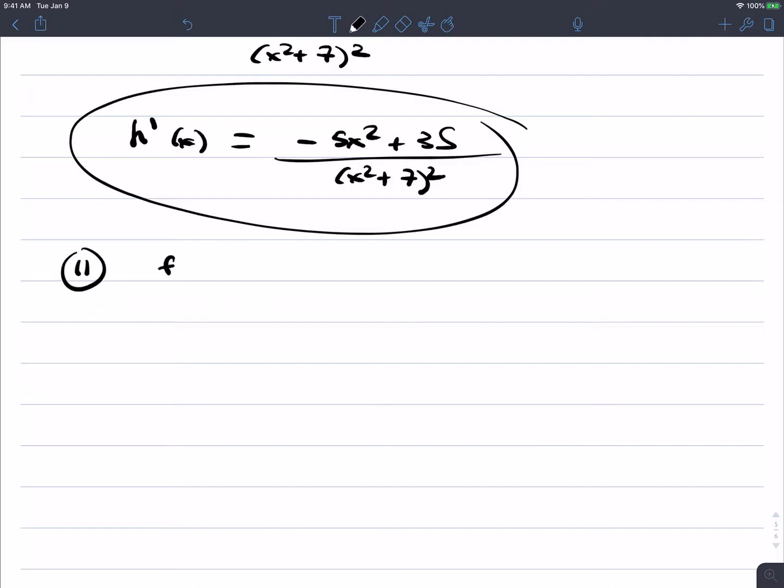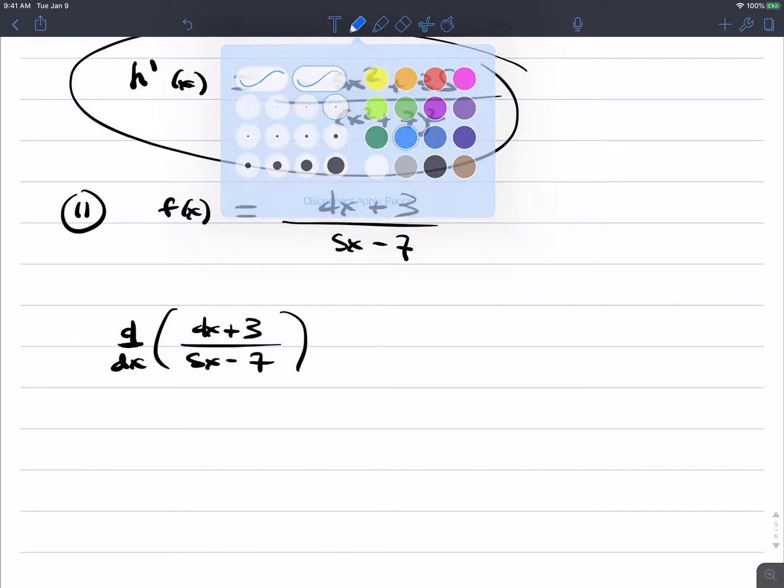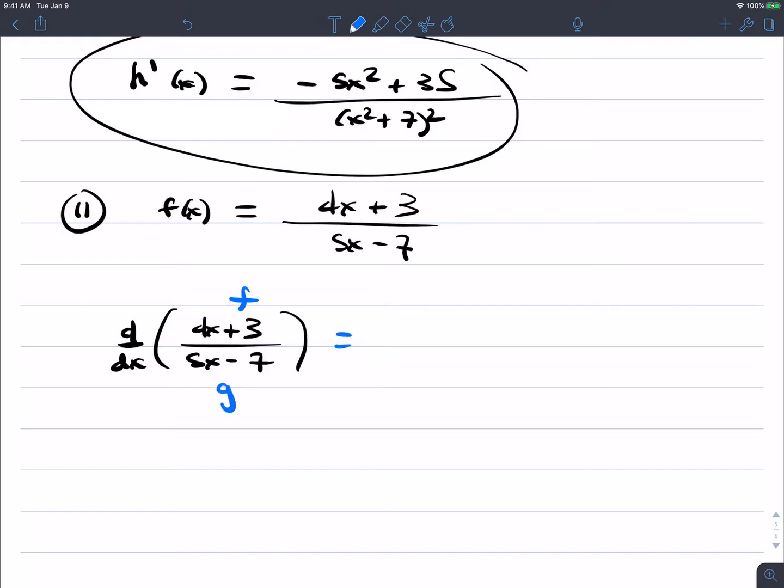Question 11. For 4x plus 3 over 5x minus 7, operator notation, d/dx of 4x plus 3 over 5x minus 7. So here you're going to have your f and your g. g squared, g times f prime minus f times g prime.